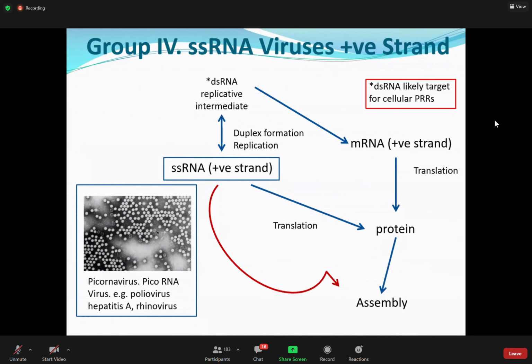This enzyme will then create more minus strands to read off more plus strand genomic RNA molecules. In addition, that messenger RNA can be read out to create more protein, and so you have more progeny in this replication process.